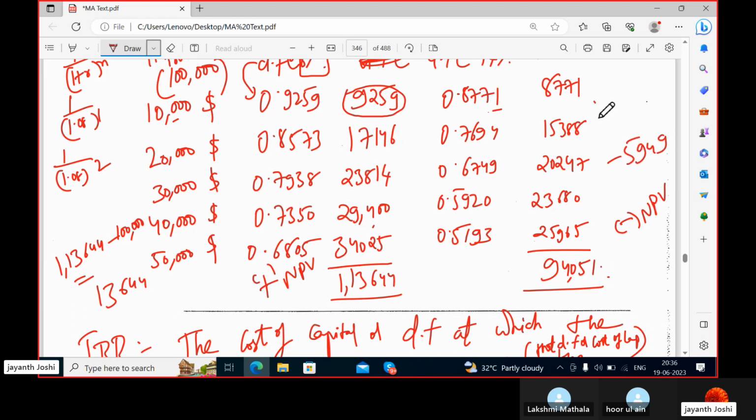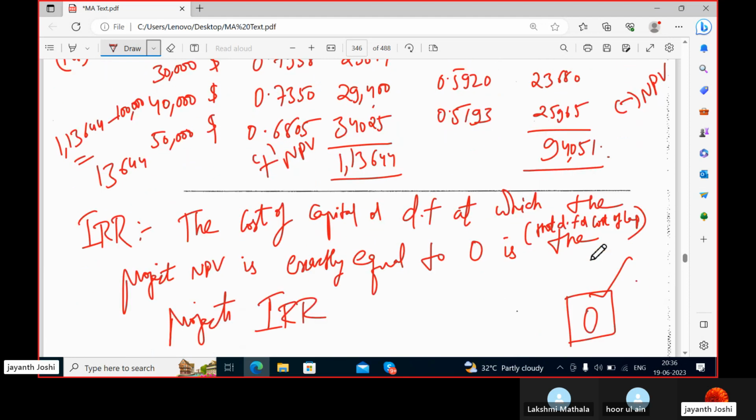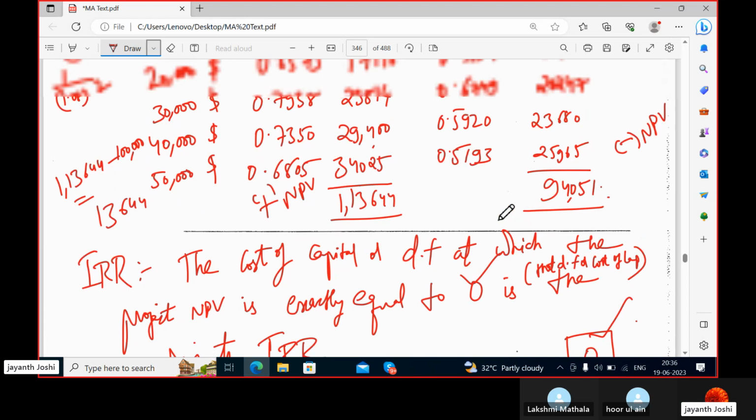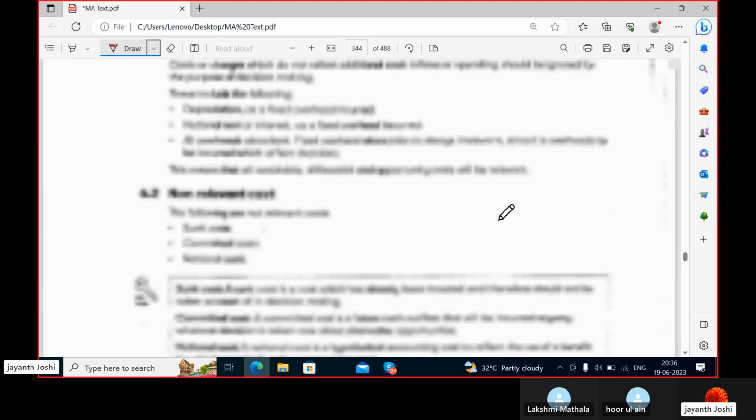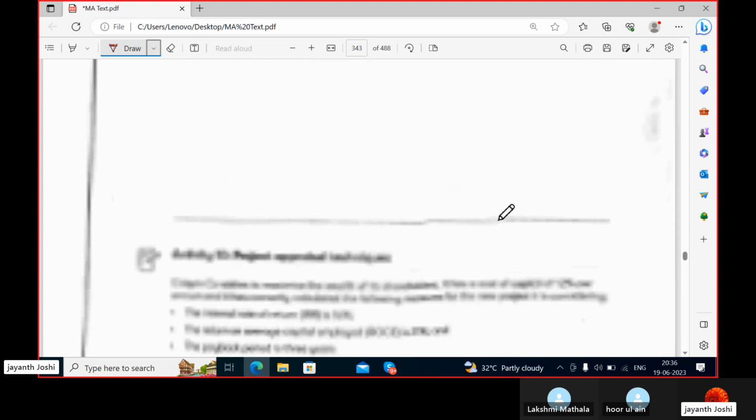Present value of future cash flows 94,051 minus 100,000 will give me this. So now my question is, what is the discount factor or rate or cost of capital at which I will get exactly 0? To find that out, you have the formula of IRR. So we will take that formula here and find out our answer and also the proof.